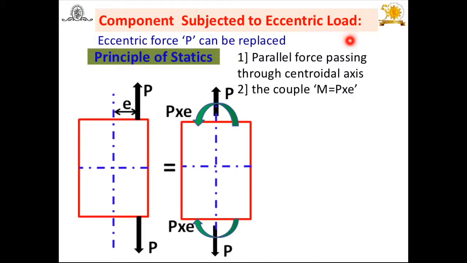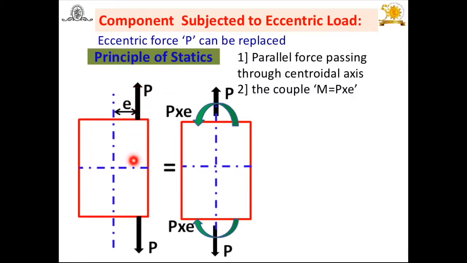Eccentric load means the line of action of that load does not pass through the centroid of the axis. Look at this. This is the machine member which is subjected to load, but the line of action of this force P does not pass through this centroidal line or axis. Then the load which is acting at some distance from the centroid is known as eccentric load.